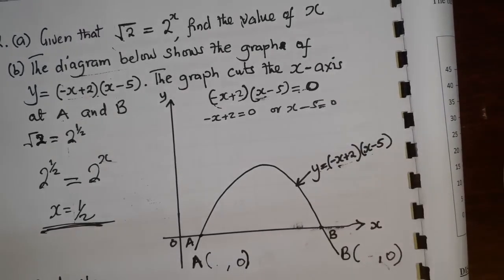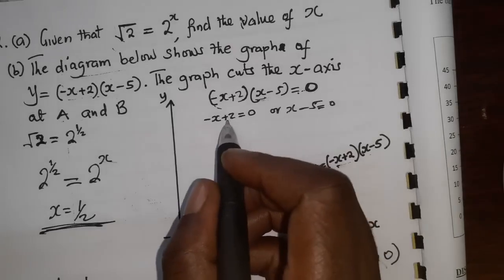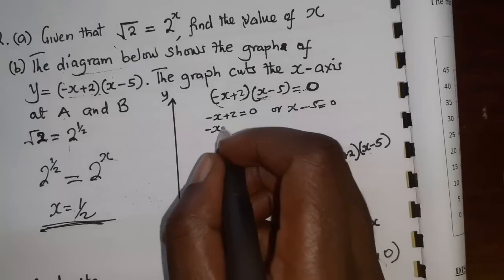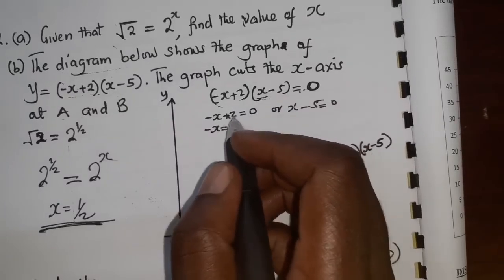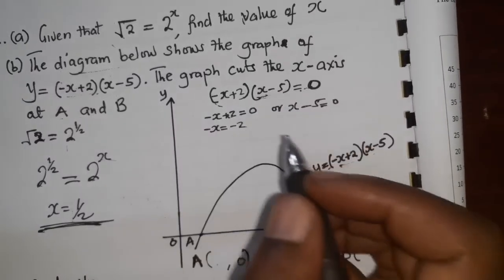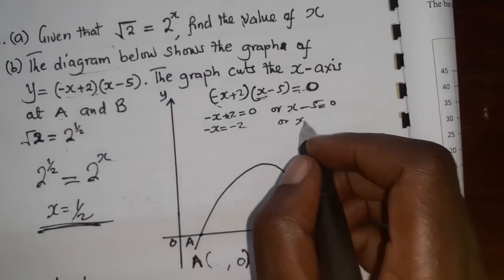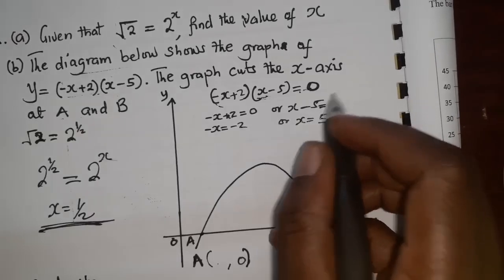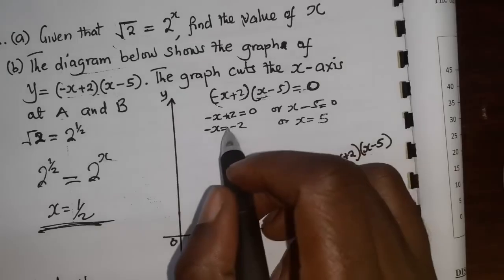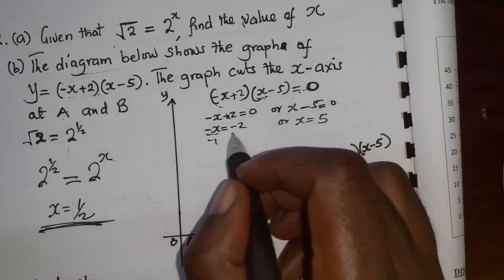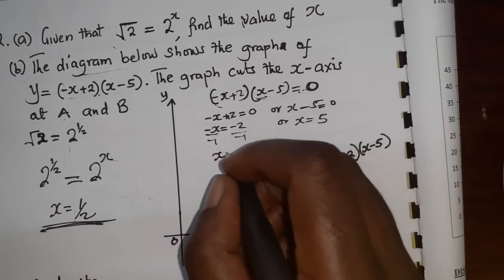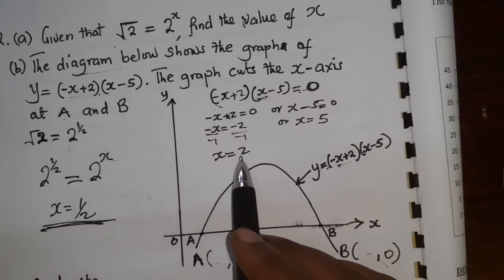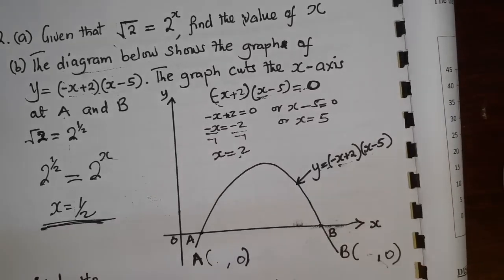So when you solve this, for instance, if you start with this one, when 2 goes to the other side, it will be negative 2. And this one will be positive 5 when it comes here. Then here you divide by negative 1 on both sides, so x is equal to 2 and x is equal to 5.